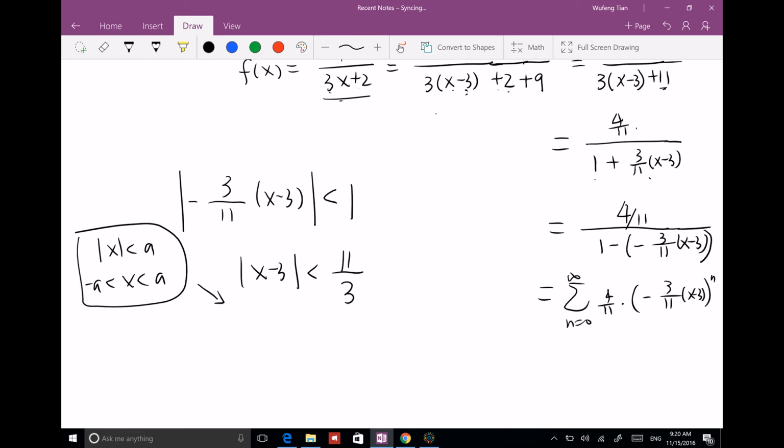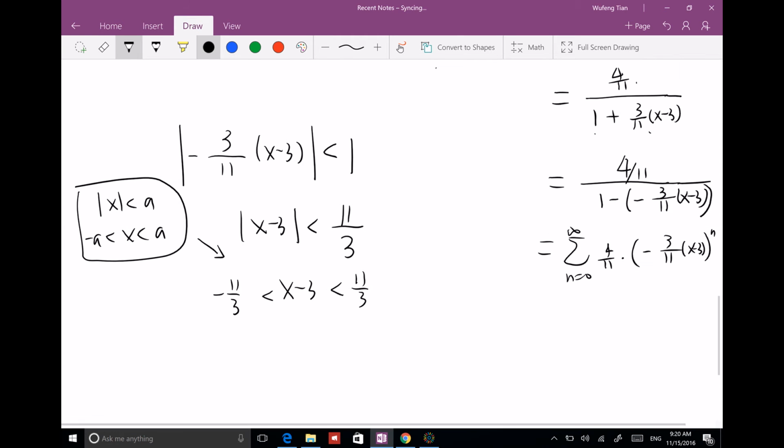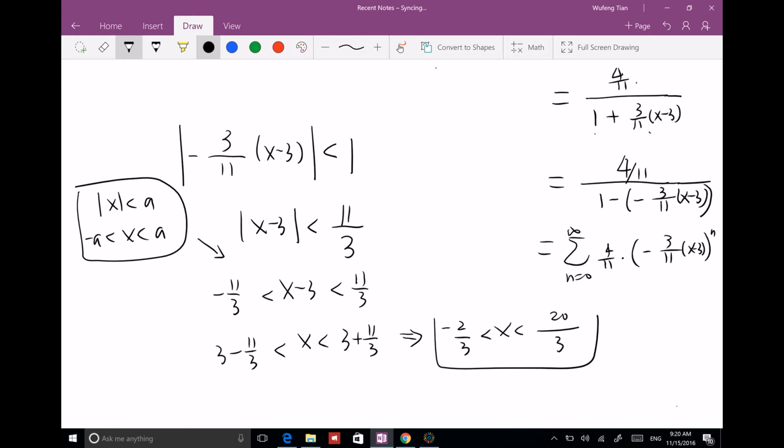So you actually check this: x minus 3 less than 11 over 3 and bigger than negative 11 over 3, and then x is less than 3 plus 11 over 3 and bigger than 3 minus 11 over 3, and then you simplify that. Okay, this you got x is less than 20 over 3 and bigger than negative 2 over 3. So this is your power series. This is your convergence radius for the x. Okay.